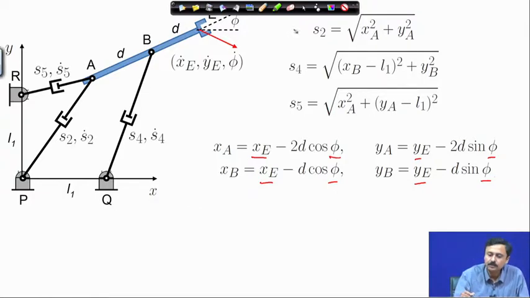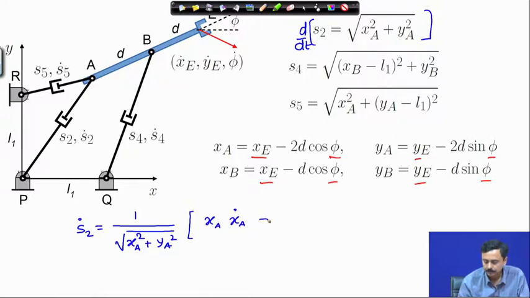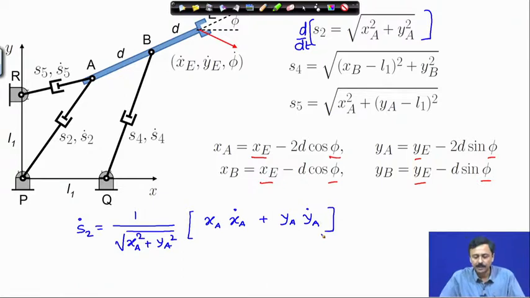So, for example, if you differentiate the first equation, which I have written out after some simplification.